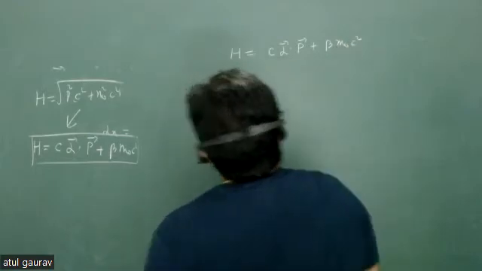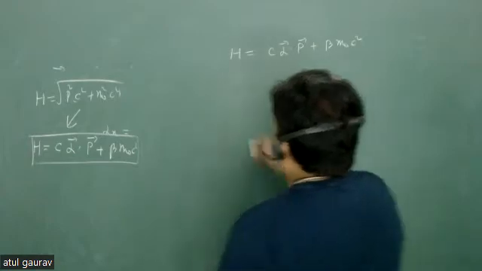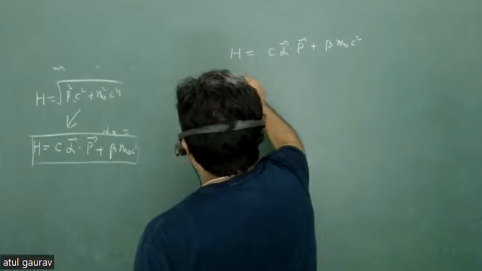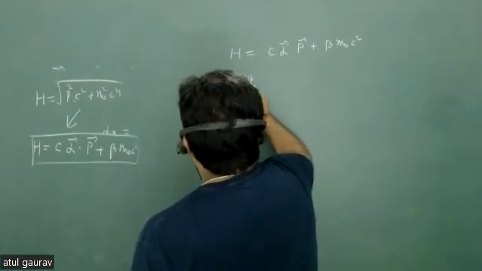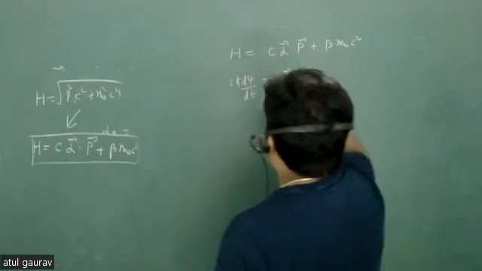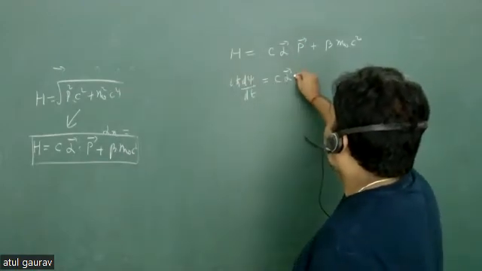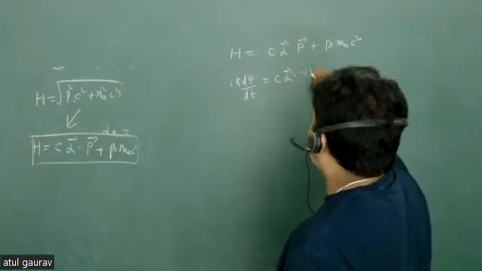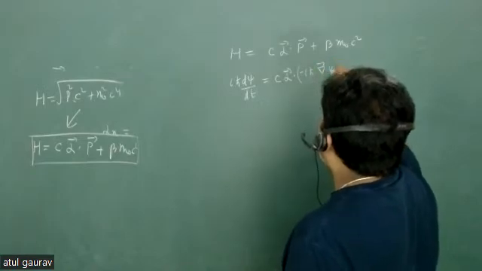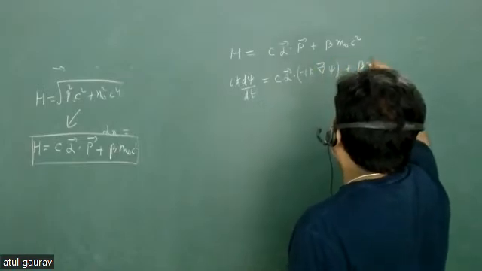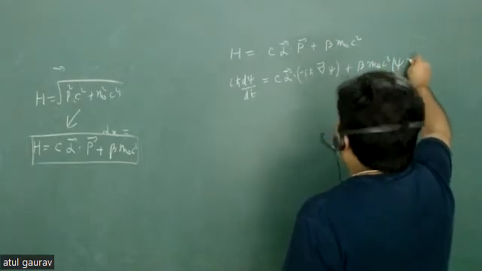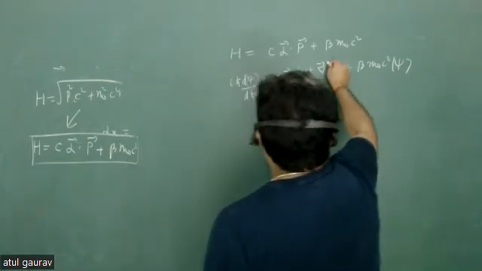So if we write this as an operator, what is this H? This H is i h cut d upon dt acting on some psi, equal to c alpha, and what will be the value of P? Minus i h cut del, isn't it? Yes, sir. Del psi plus beta m naught c square psi. You can write this as a ket also. There is not any problem.